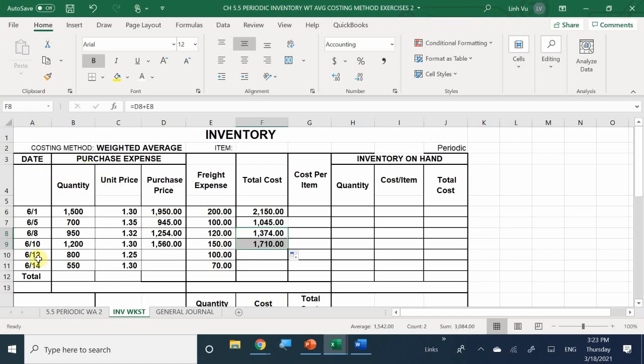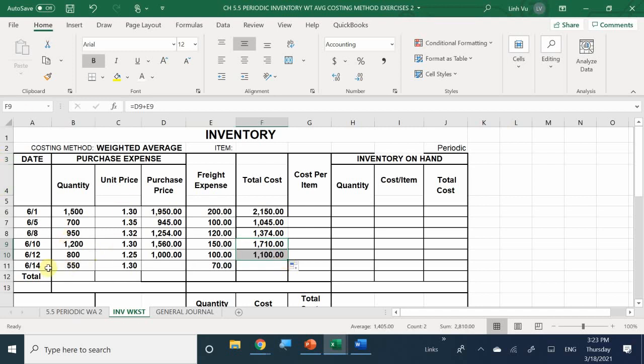Then on June 12th, we purchased another 800 units at $1.25. What is my purchase price here? $1,000, yes. Plus 100 gives me a total cost of $1,100.